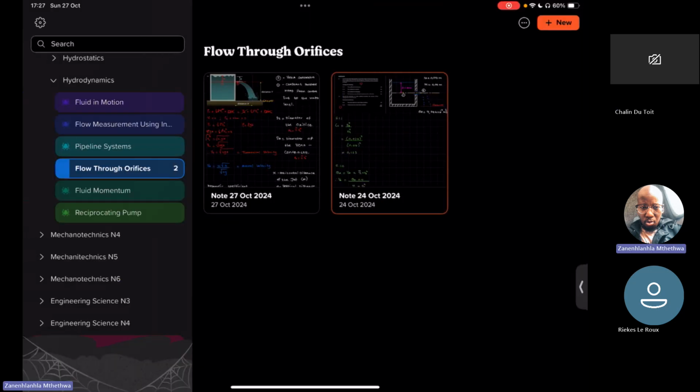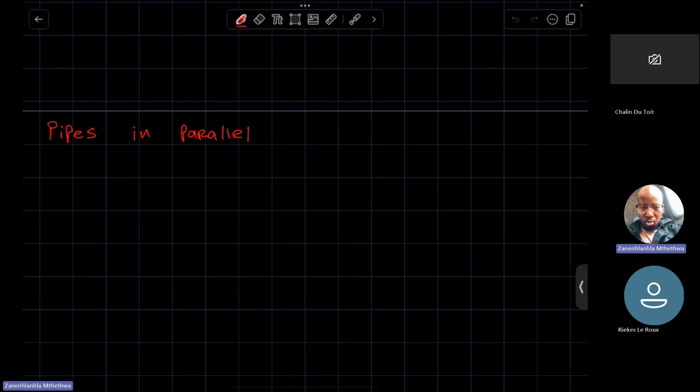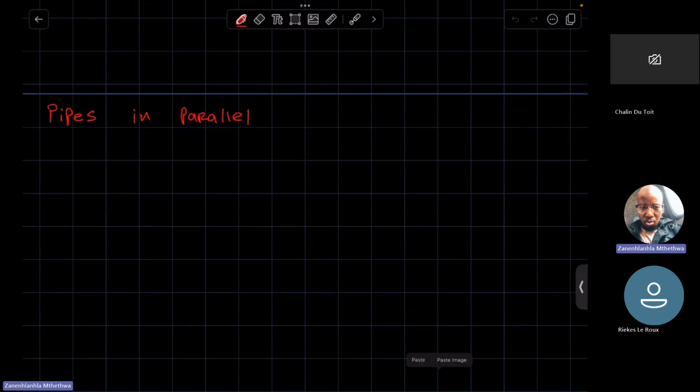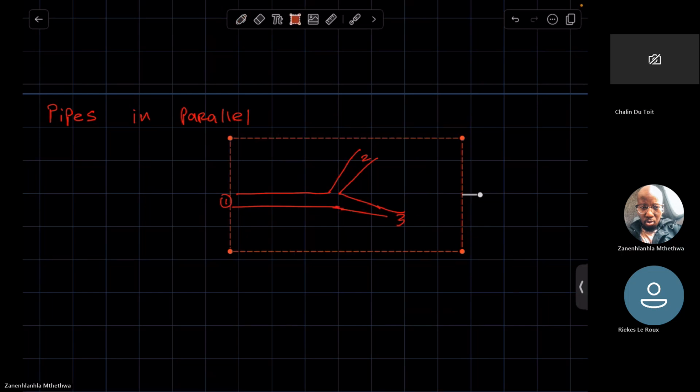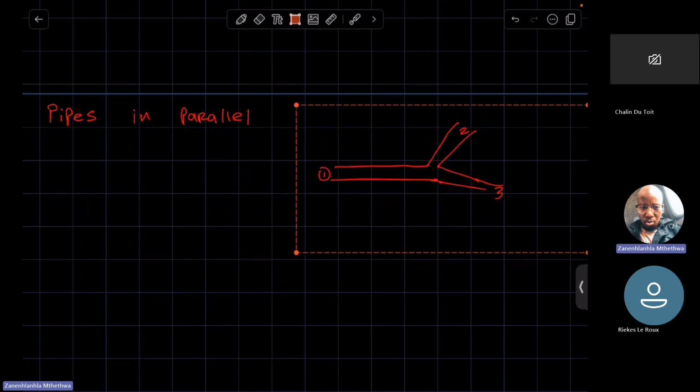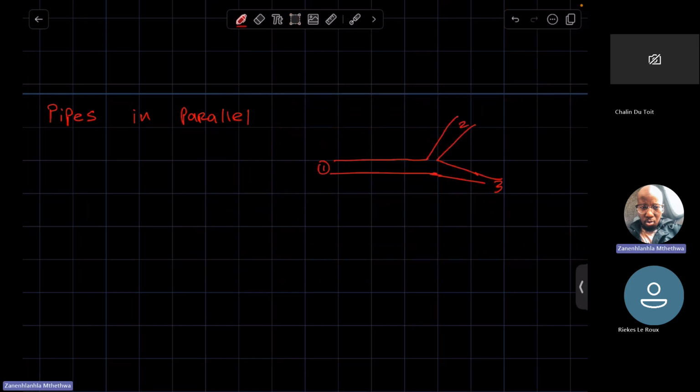How that affects the continuity equation is, if you are again looking at, say, three pipes. Call this one, this two, and that three. You still have three pipes, but of the three pipes, one is the main one, and then it branches into two.